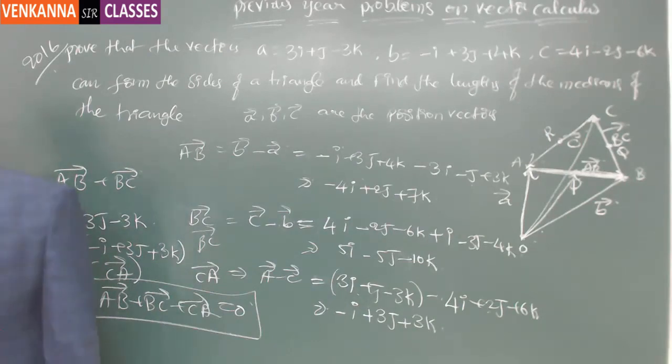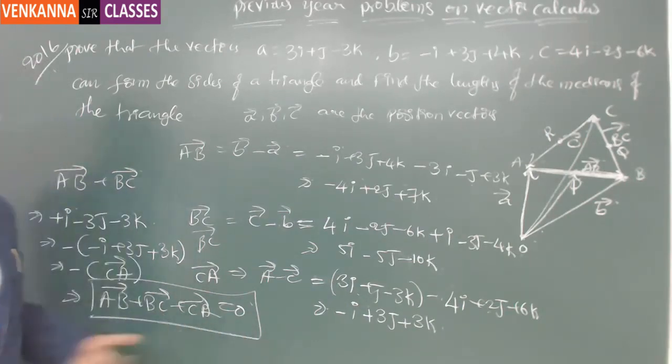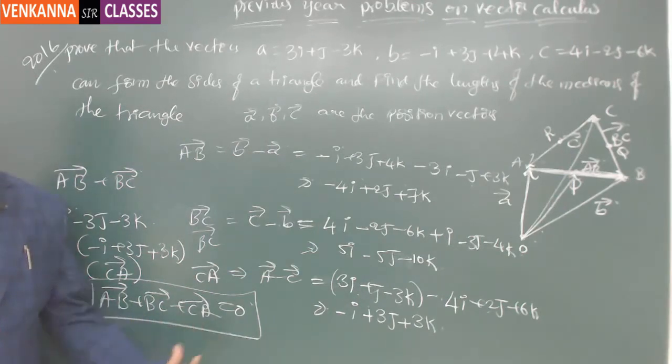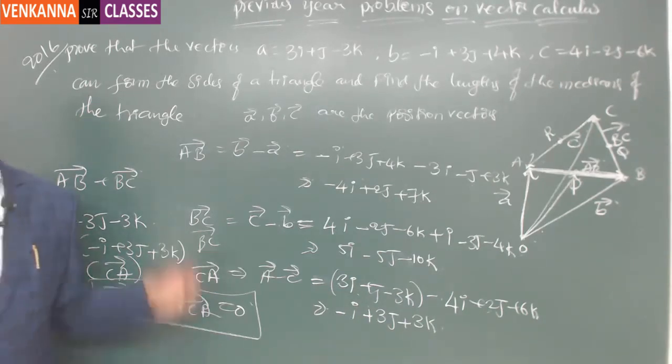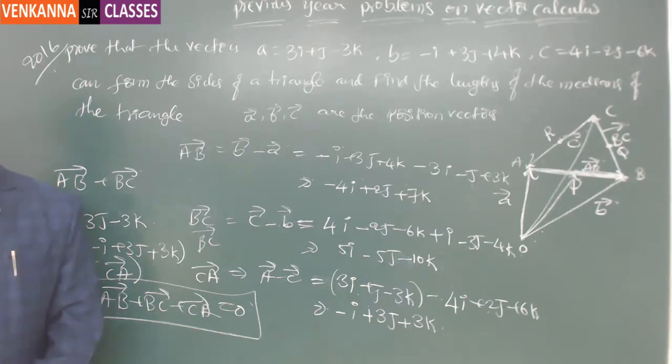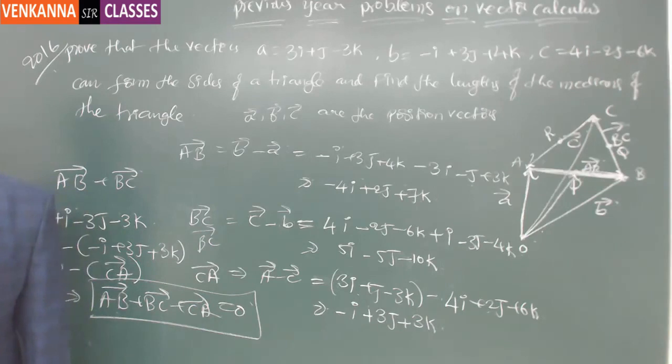If all are collinear, obviously the sum of these two vectors won't be the resultant. So till this point it is sufficient. As per the triangular law of vector addition, if the three sides of the triangle form the vectors, then the sum is going to be 0. Got it?